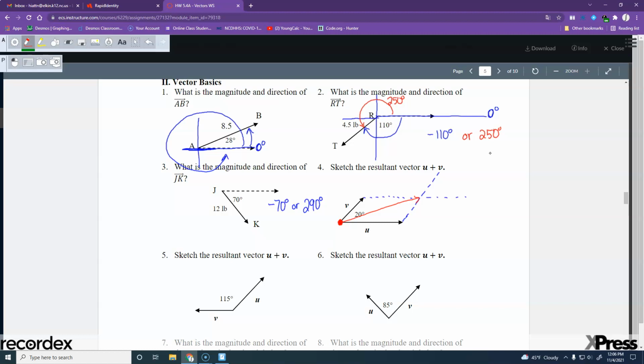Yes? Do 360, which would be a whole entire rotation all the way around, and subtract 70, which would give you 290. So you're either going backwards 70, which would be negative 70, or you could go all the way around this way, 290 degrees.